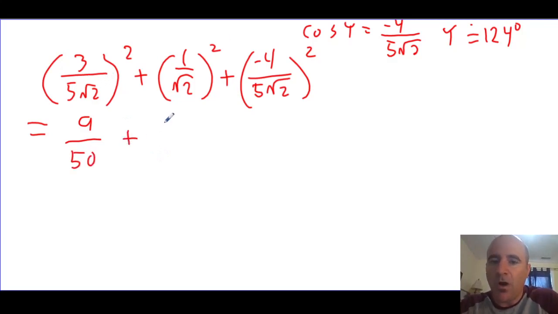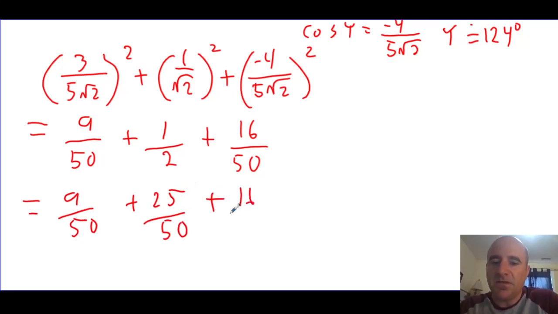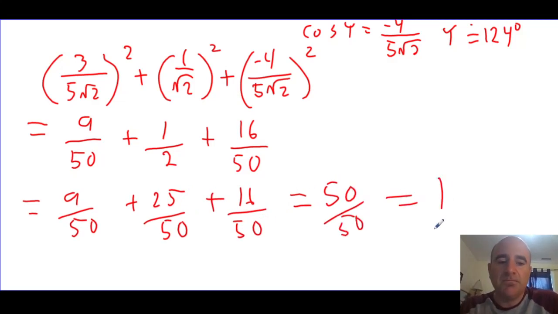Plus I get 1/2. And then I get 16 over 50 again. Well, that's 9 over 50 plus 25 over 50 plus 16 over 50, which sure enough is 50 over 50, which is 1. Exactly what we expected, exactly what the formula told us we would get.